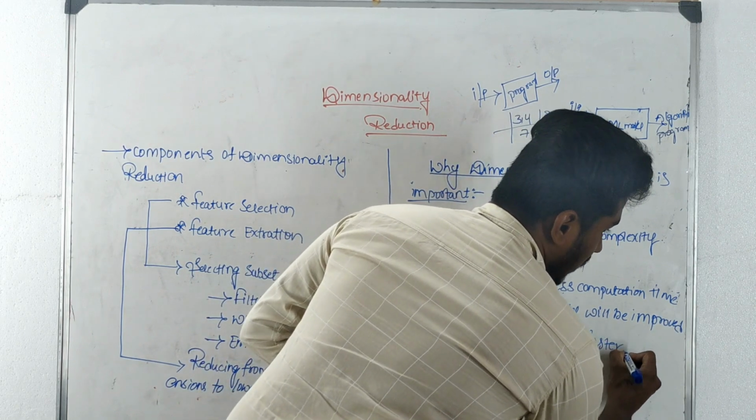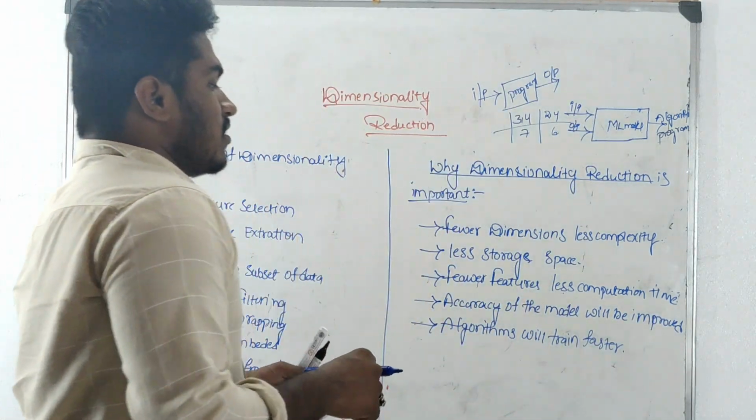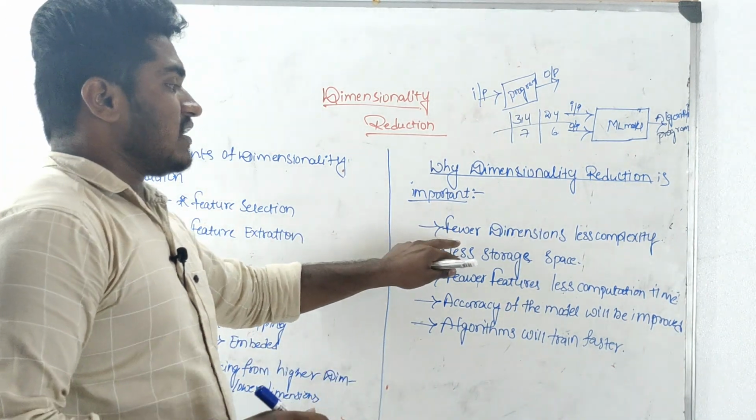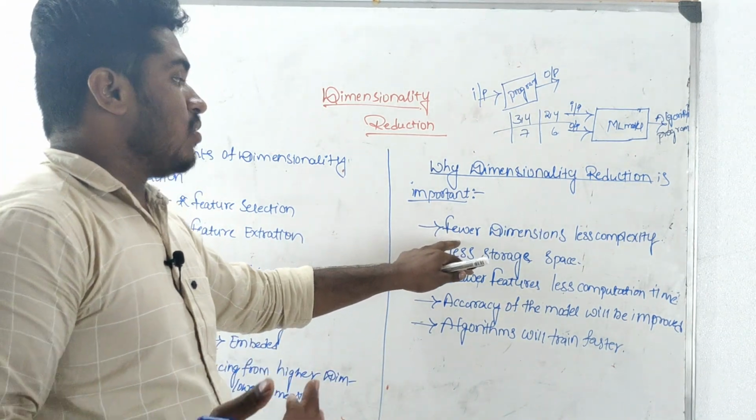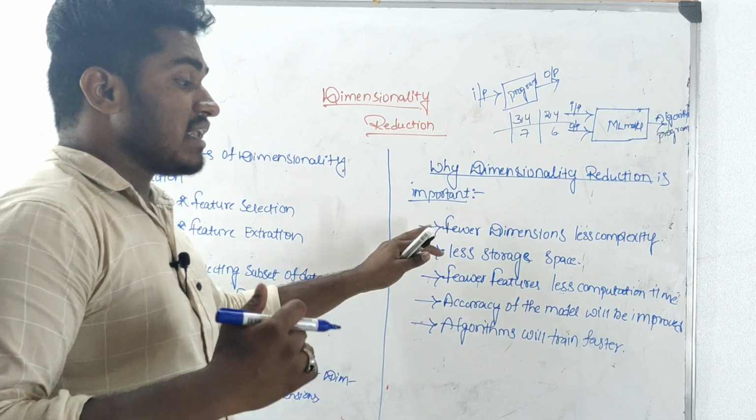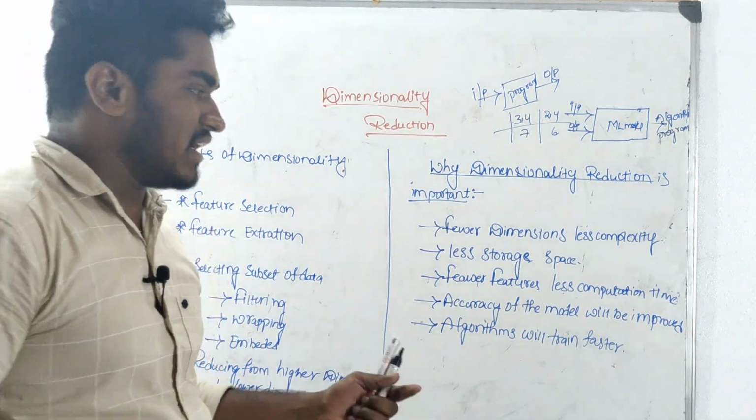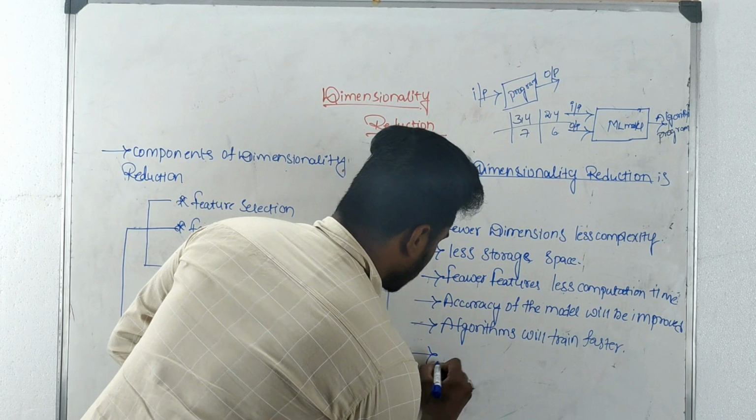Will train faster. So here we are reducing the dimensions, right? Whenever we have fewer features, it's very easy to plot the data.